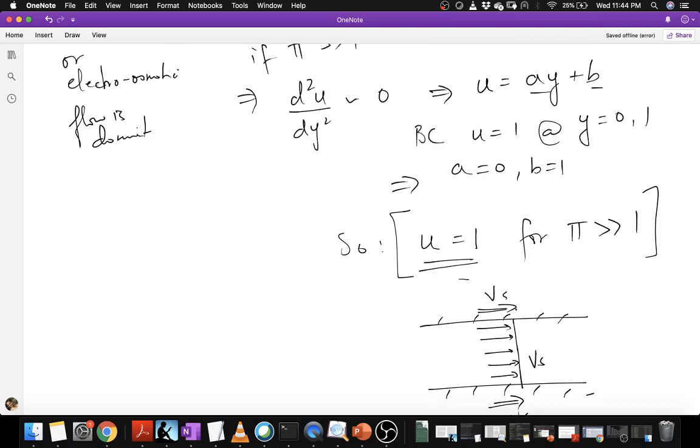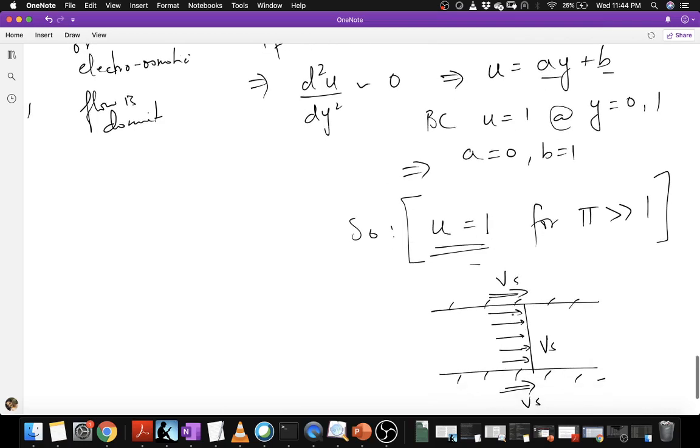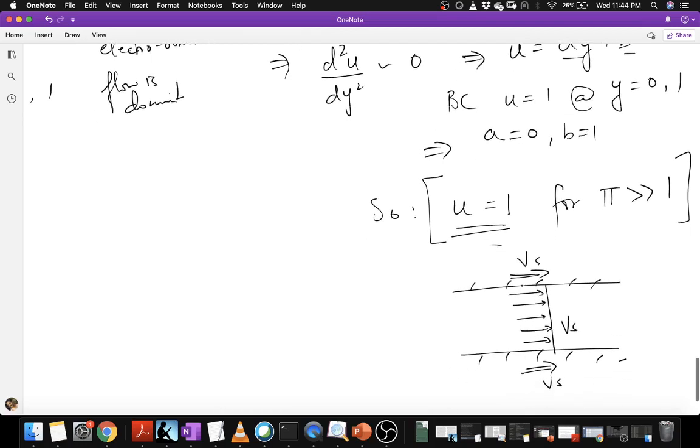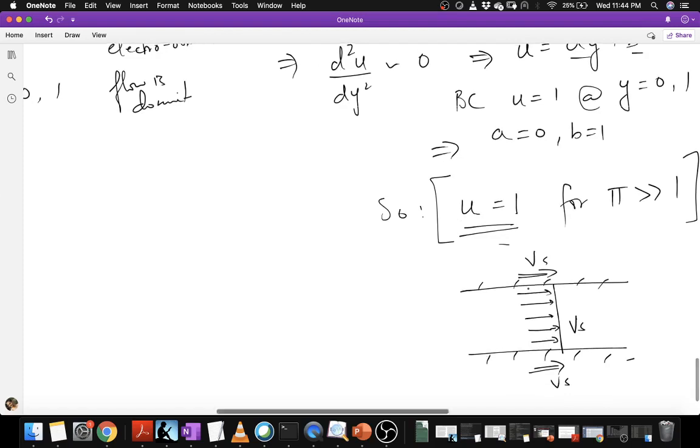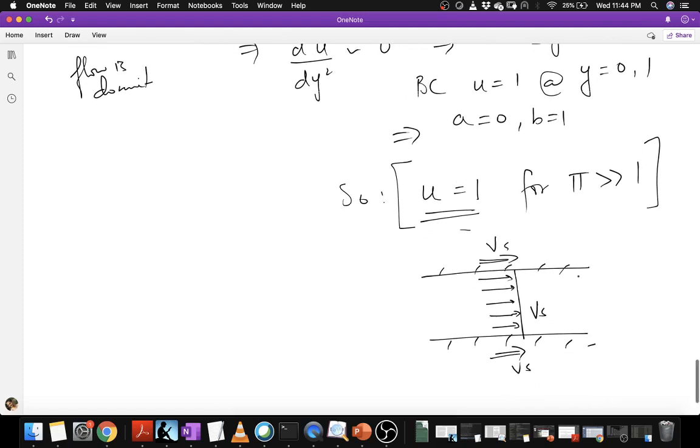So everything just moves with Vs. Or in other words, the diffusion of viscosity during viscous forces just allow the velocity at the wall to propagate throughout the fluid, and under steady conditions the whole fluid will move with the velocity of the wall. In fact, this sort of flat velocity profile is what people observe in experiments that are purely electro-osmotic flow driven. Whereas we know for the pressure gradient problem, you will get a parabolic velocity profile.